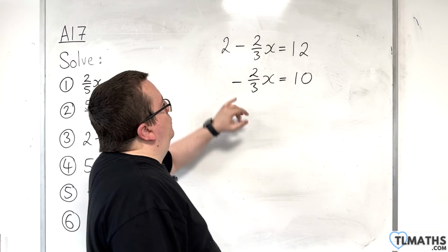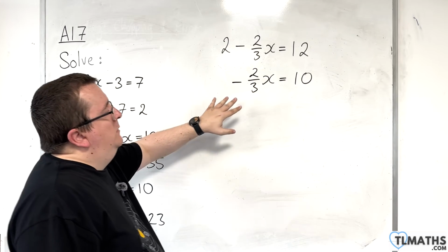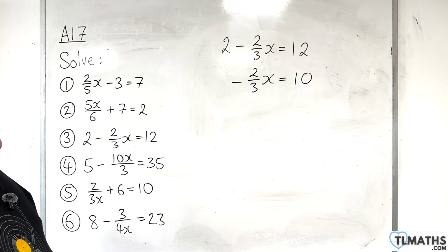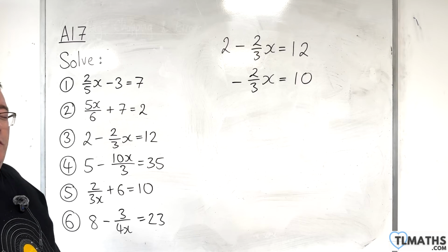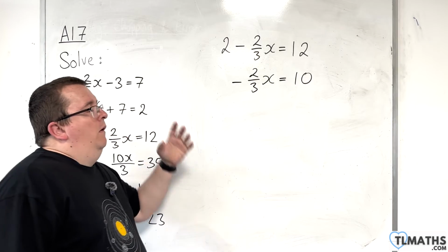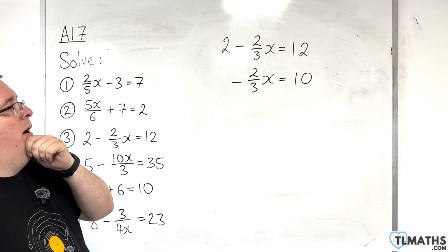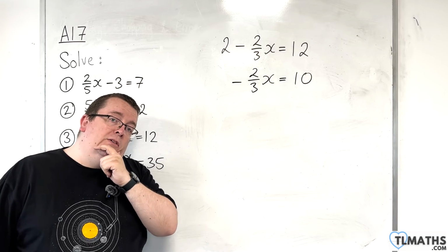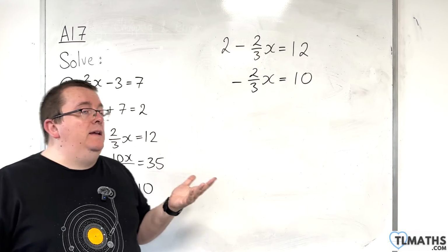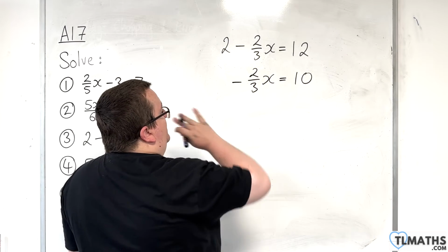Now, you can see this as being minus 2x over 3, or 2x divided by minus 3, if you like. What we're going to do is get rid of the denominator. We're going to multiply through by 3, but would it make sense to multiply through by minus 3? Probably. And that allows me to get rid of the minus sign from the x now.